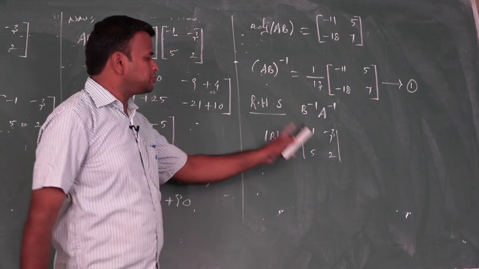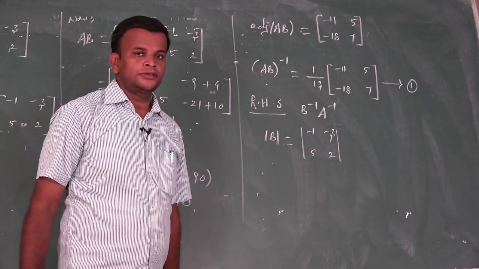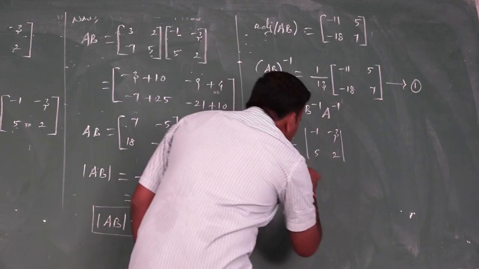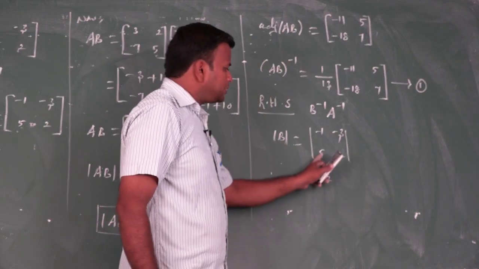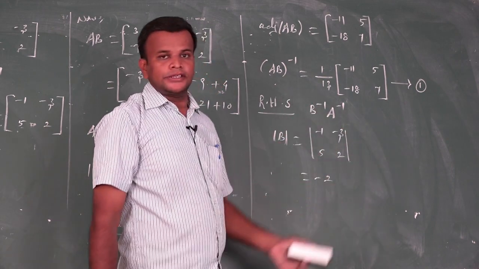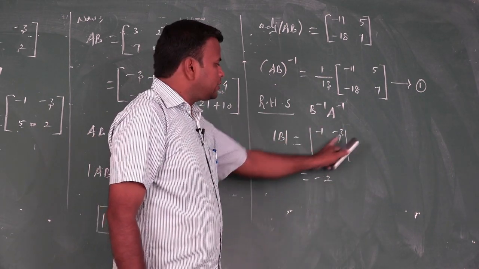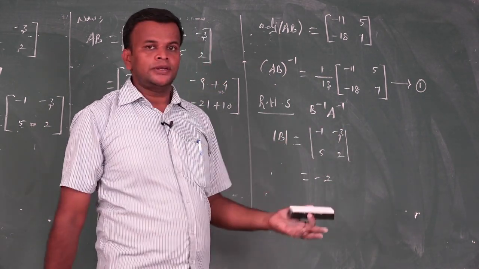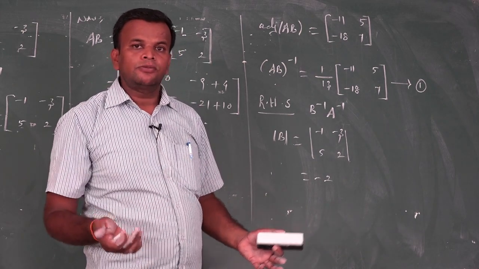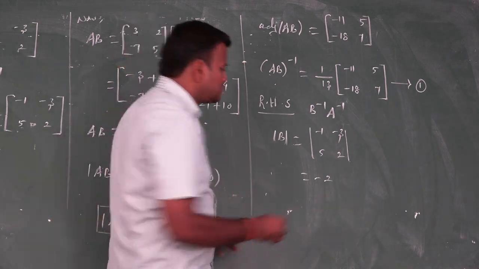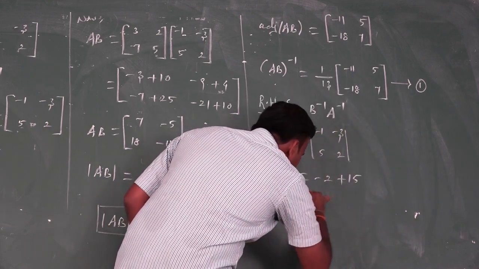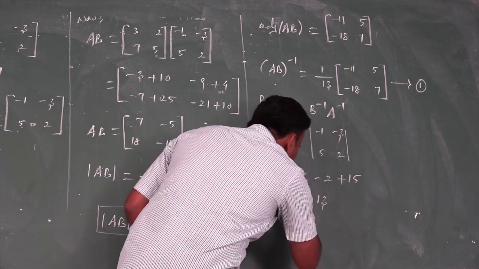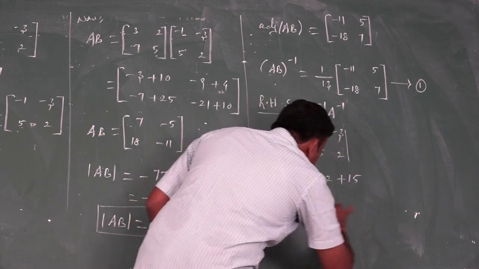So determinant symbol, whose values are minus 2. We multiply these 2 elements with a minus sign. So 5 into minus 3 is minus 15. We put one minus sign, so minus into minus is plus 15. So determinant B value is plus 13.